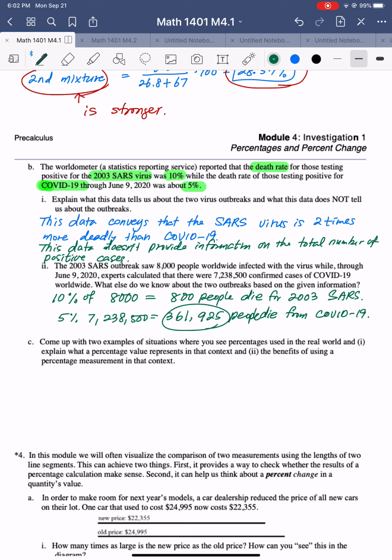Then come up with two examples of situations where you see percentages used in the real world. Number one, explain what the percentage value represents in the context here. A percentage represents a measurement value where the measurement unit is a proportion of a quantity.